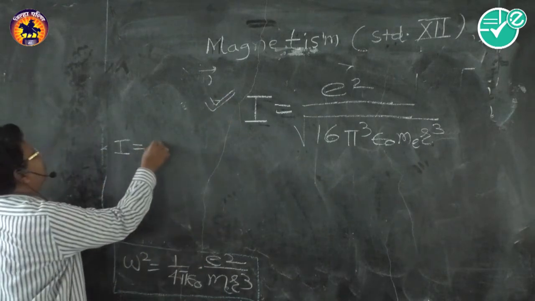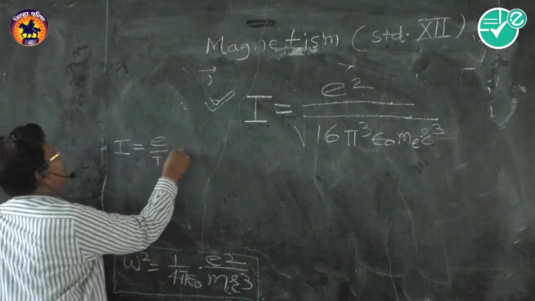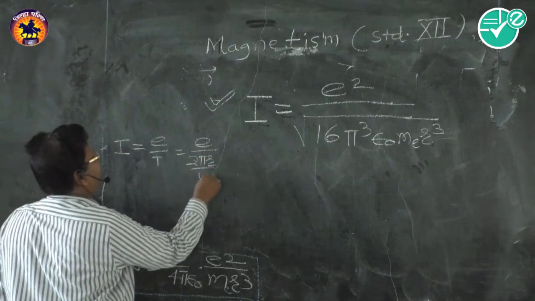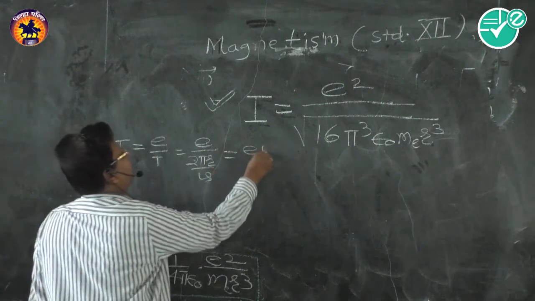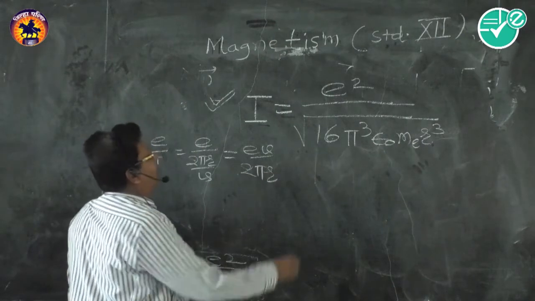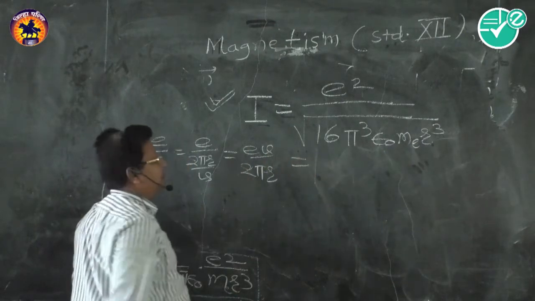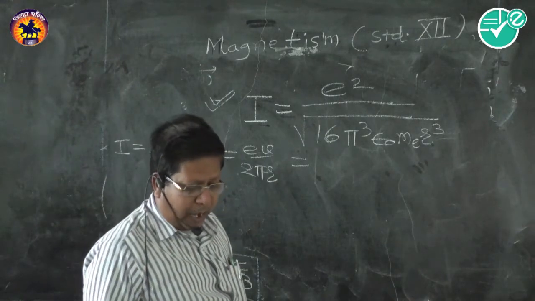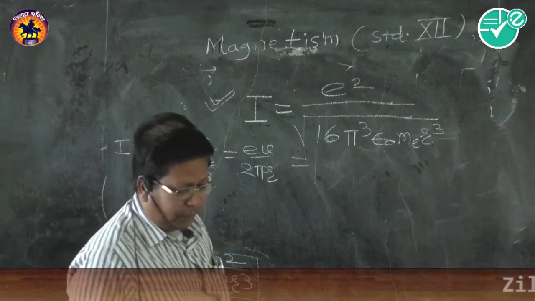So I is equal to e divided by T, which is equal to e divided by 2 pi R by V, which is equal to e into V divided by 2 pi R. Again, V is equal to R omega.